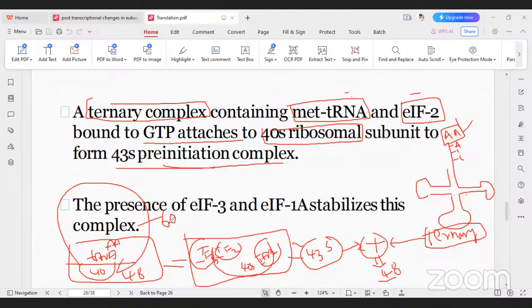That is called 80S, which is with the help of initiation factor 5. Now clear? 80S also clear? Yes, sir. Right. Let's see diagrammatically one by one.